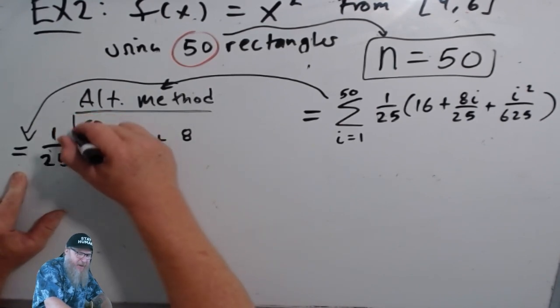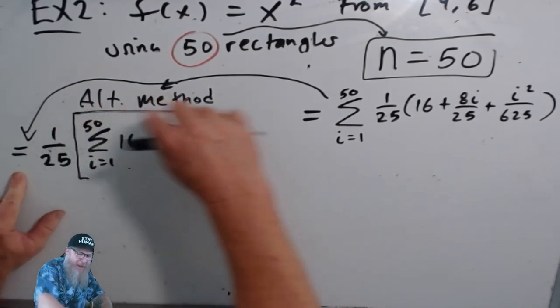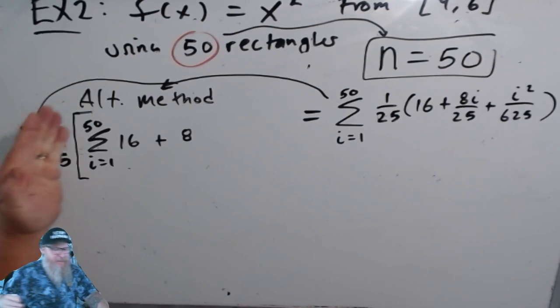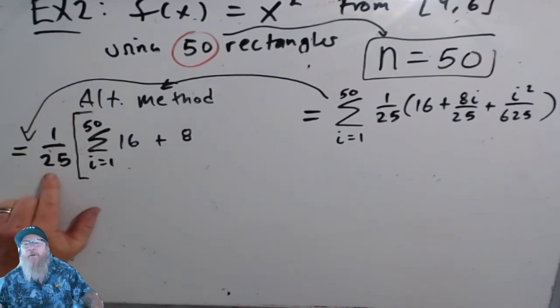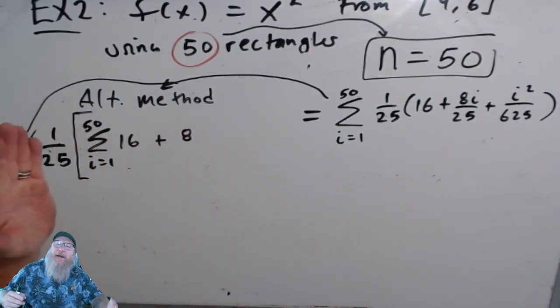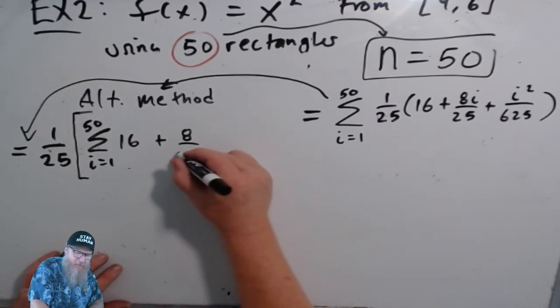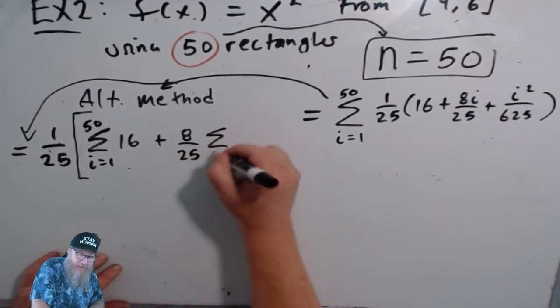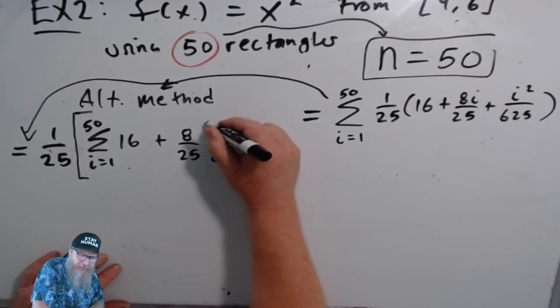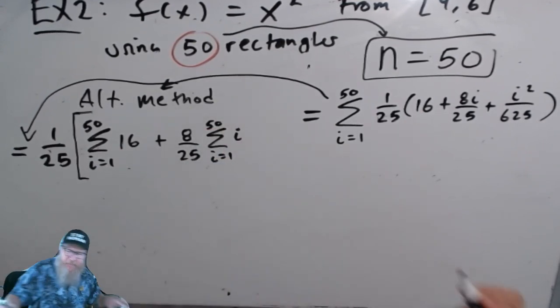And then I'm going to bring out the 8 over 25. Now, I do got to be careful here. I'm going to put big brackets here, so this 1 over 25 is all the way out in front of the entire result. So I'm going to go 8 over 25, and then I'm going to do the sum of i.